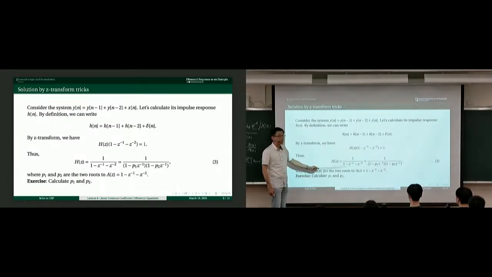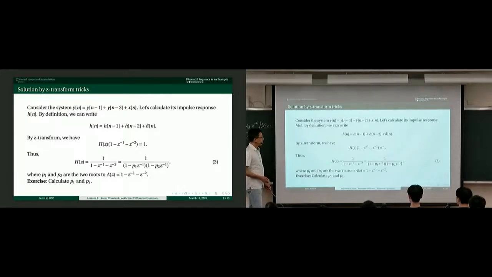This is B of Z, this is A of Z. So you can probably rather easily reach this conclusion that H of Z, in this case, can be written as B of Z divided by A of Z as a special example. Okay? So far, nothing's new, just same thing right here. So far so good? We good?